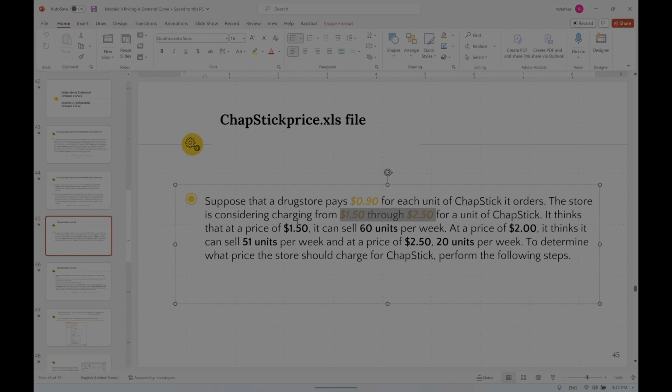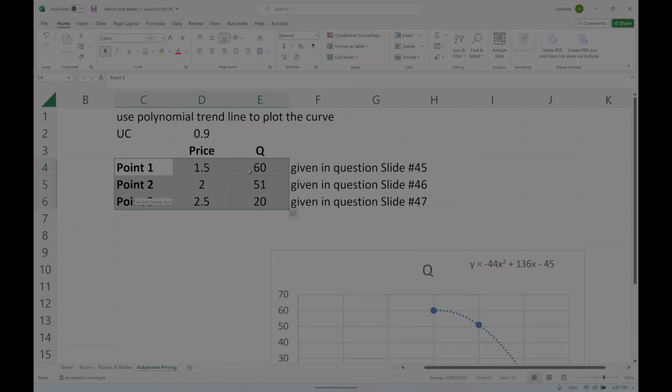First, we line up the prices with their corresponding demand. So we will align 1.5 with 60, $2 with 51, 2.5 with 20, and put them on our Excel.